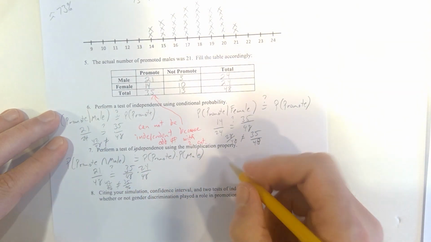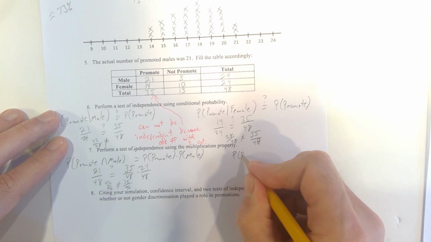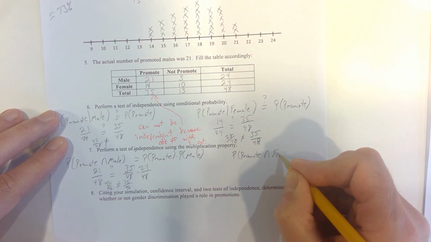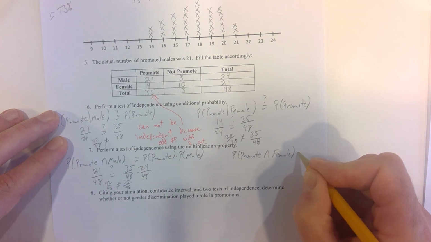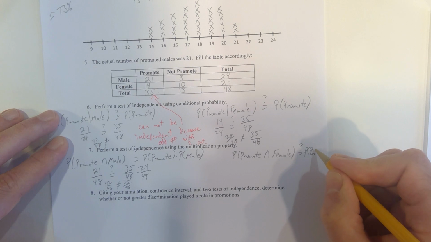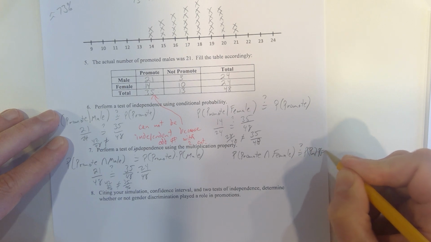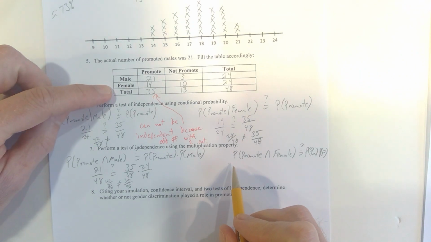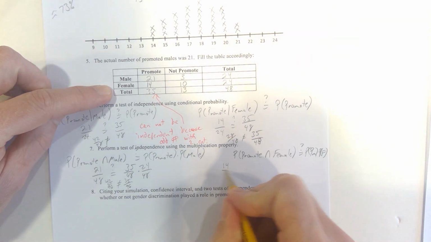But we can do the same thing for the female. So promote intersect female. Does that equal probability of promote multiplied by probability of female? So let's see, promote and female, that's 14.